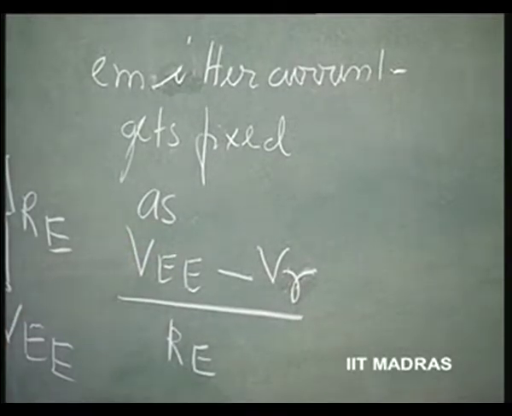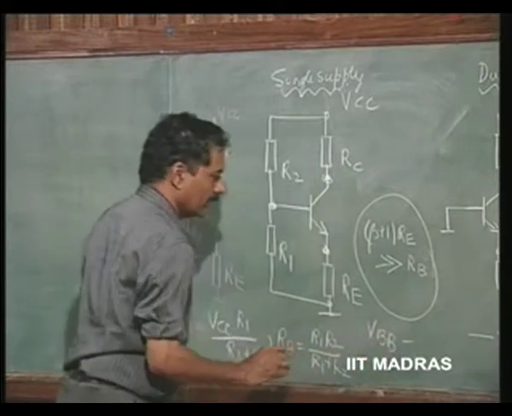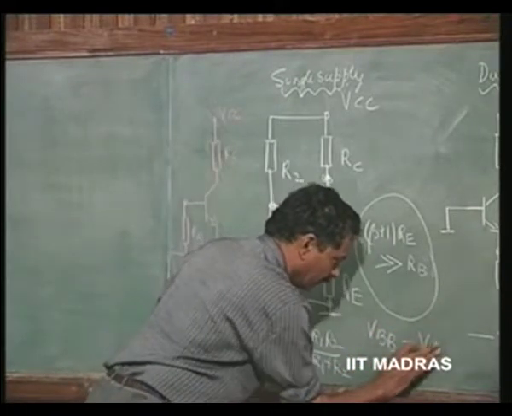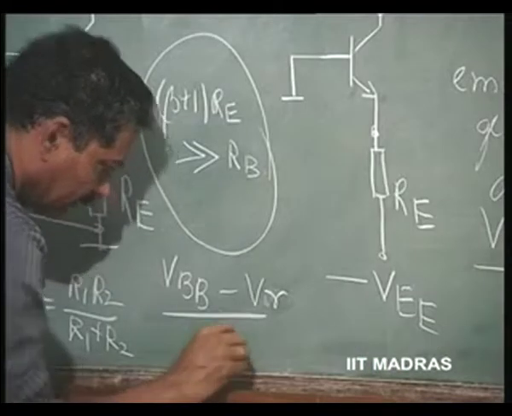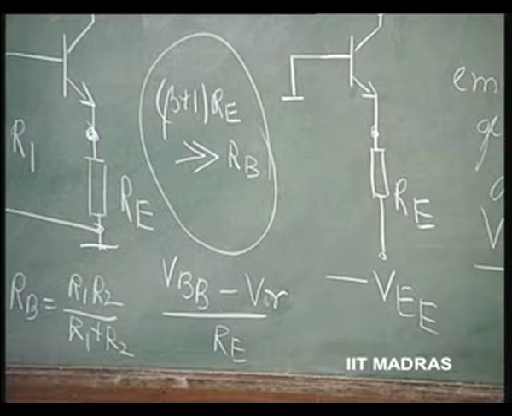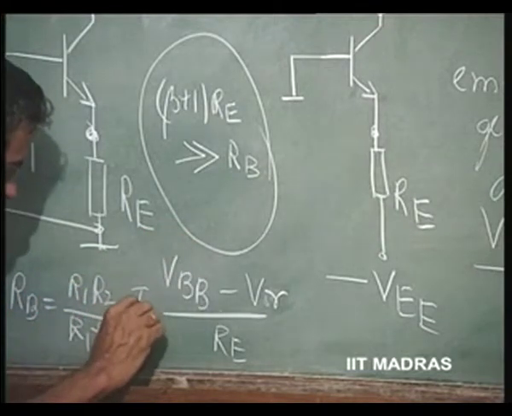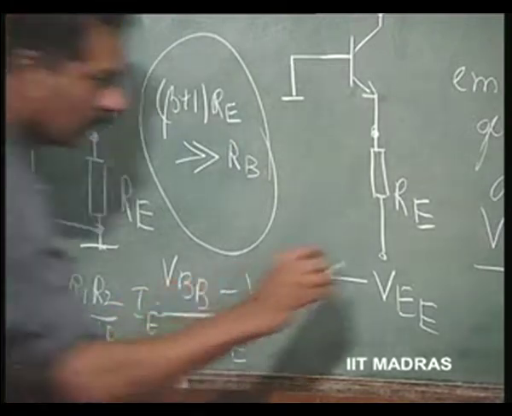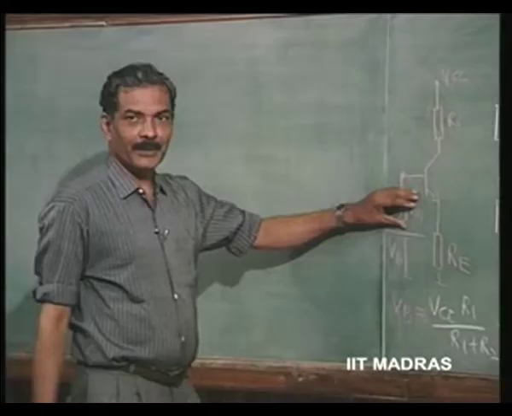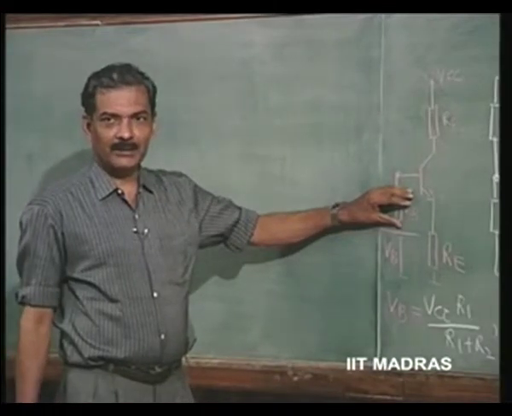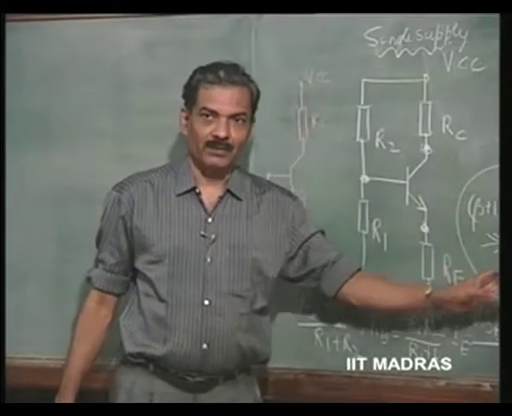In the single supply circuit, only when this condition gets satisfied, the emitter current gets fixed as VBB minus V gamma by RE. So, this is how the emitter current gets fixed. What happens is the drop across RB, which is IB into RB, is small compared to IE into RE. That is what gives this formula.